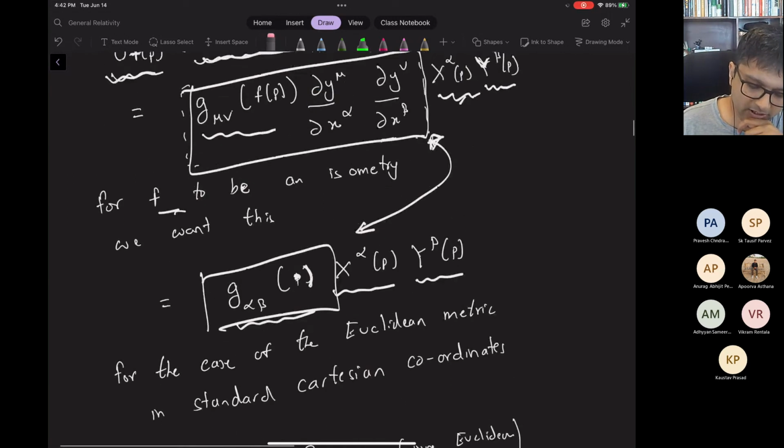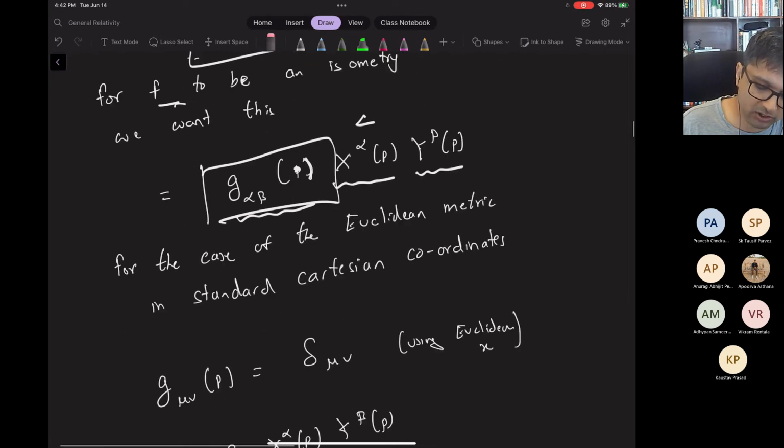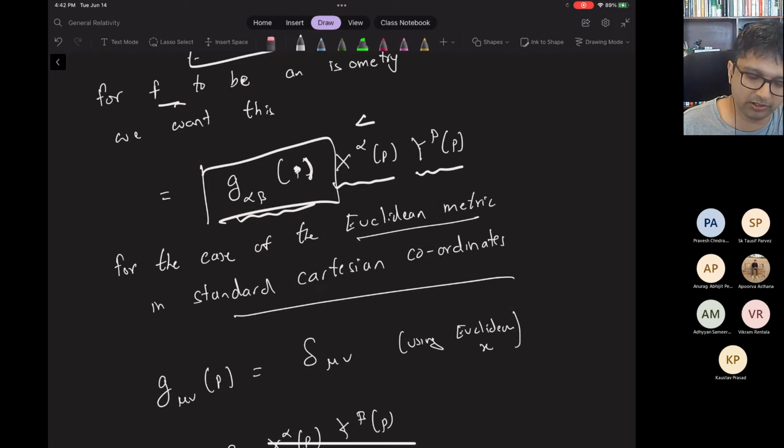And now what we'll do is work with the Euclidean case, and this statement is true independent of the coordinate charts that we choose, no matter what coordinate charts we choose. However, we'll choose the standard Euclidean metric in standard Cartesian coordinates, just to see what this looks like.